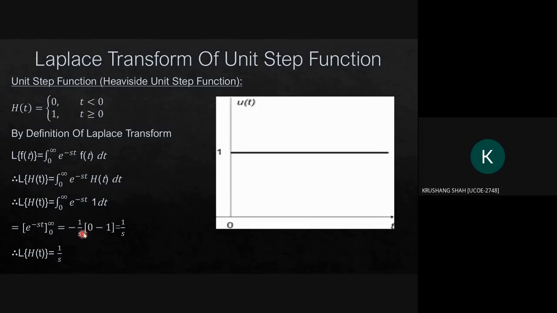Taking minus 1 upon s common and substituting the limits, e raised to minus infinity equals 0, and anything raised to 0 is 1, so e raised to minus s times 0 is 1, so we get the value 1 upon s.